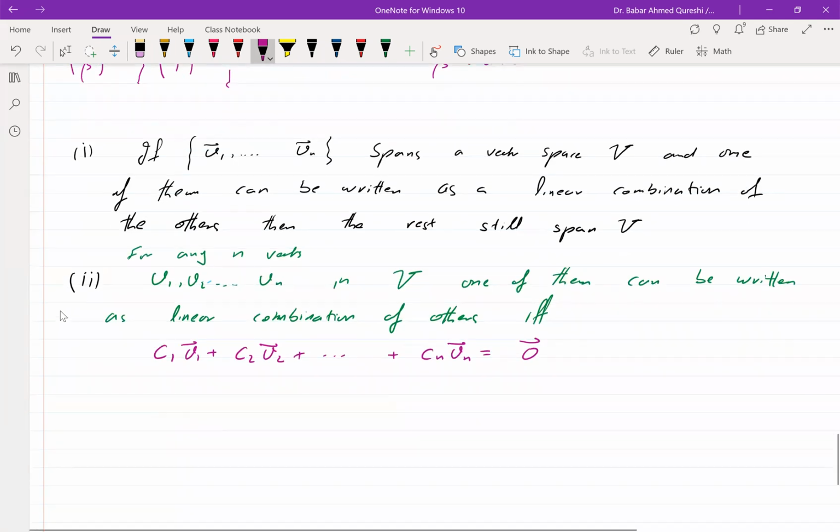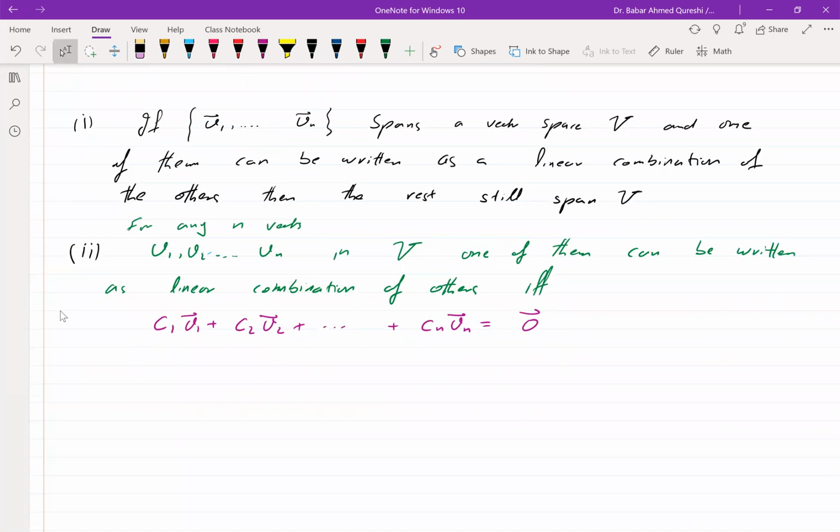That the linear combination is 0 for all Ci not 0, with not all Ci equal to 0.